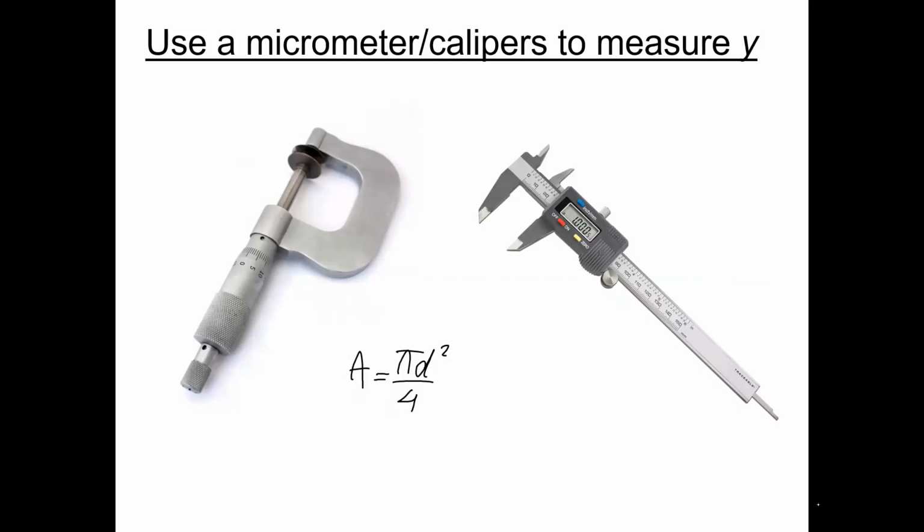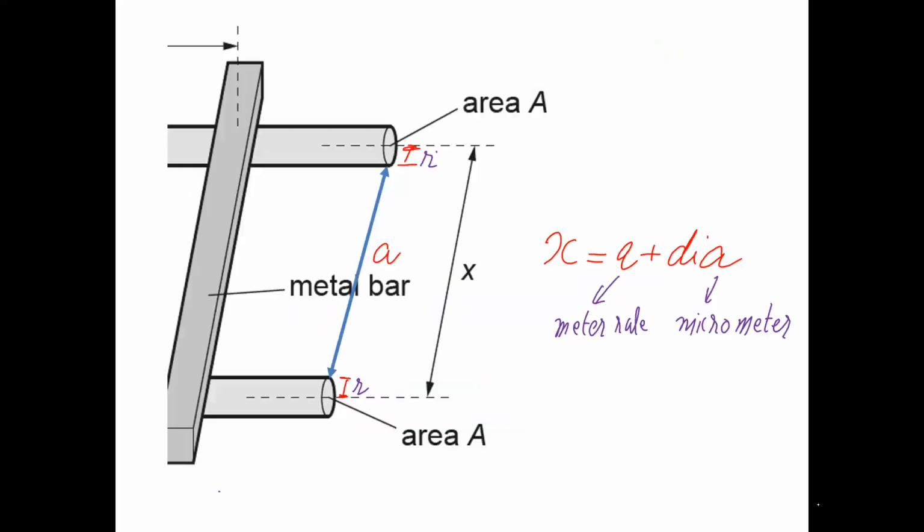So right in the continuous paragraph, use vernier caliper to find the diameter, then use the formula A is equal to pi d square upon 4. We are talking about this area.